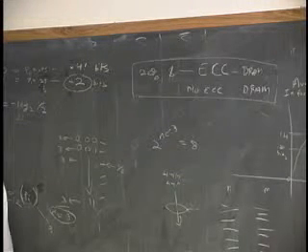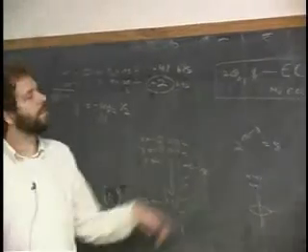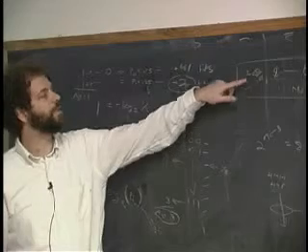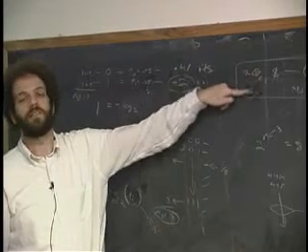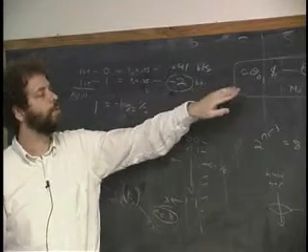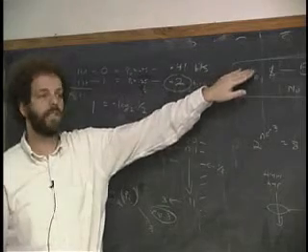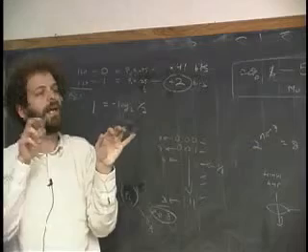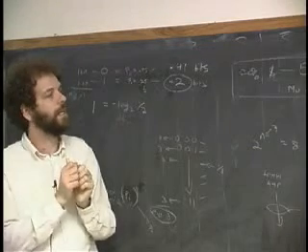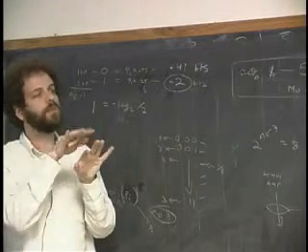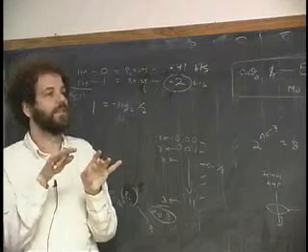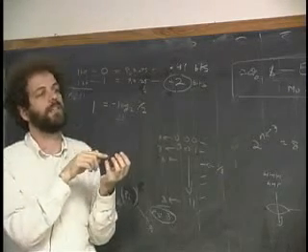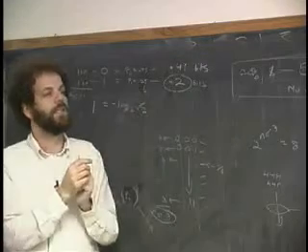ECC stands for error correcting code. I forget how many bits, but this has around 20% more bits in it than this does. Whenever a word is stored into a memory like this, it computes an error correction code and adds 20% more bits, and that allows any single one of those bits to go bad. Then the reader looks at that and says, aha, I know that this one is bad, so I'll fix it. And then it gives you the right data out.